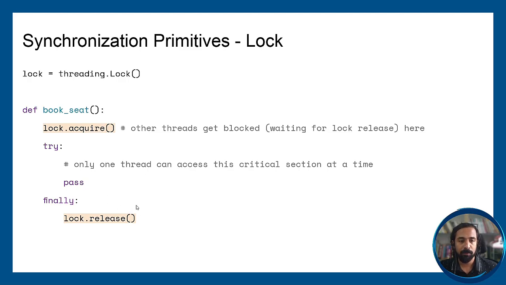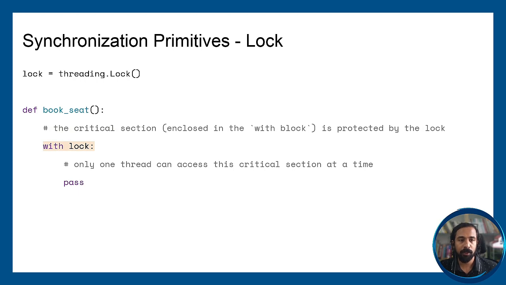So within this process, only one thread will get executed before the lock is released. So when one thread acquires the lock using this statement, when other threads reach this point of execution, they will get blocked, waiting for the lock to be released to continue their execution.